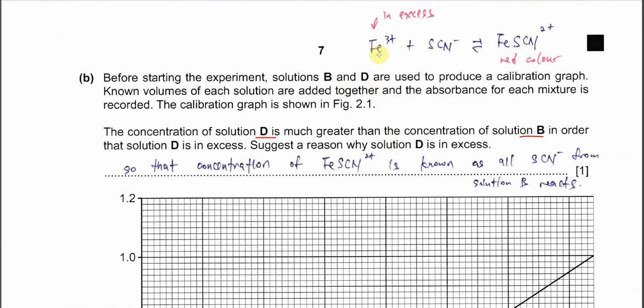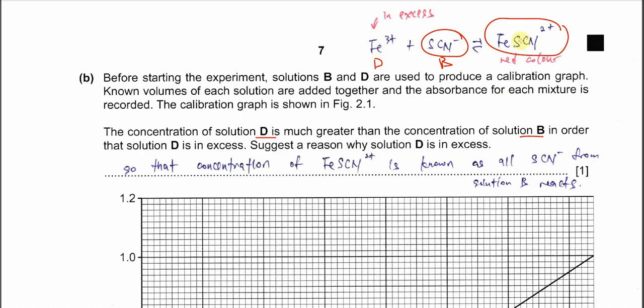Okay, this is D, this is B. Because we want to make sure the concentration of the iron thiocyanate is all from the thiocyanate from solution B, meaning the concentration of the products will be from this one, because the other one is in excess.